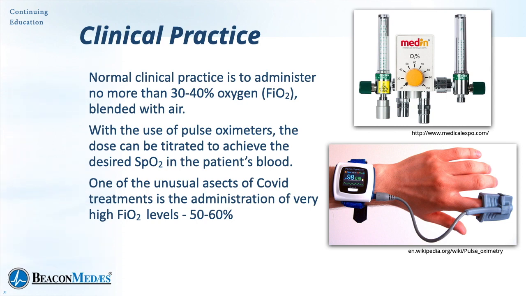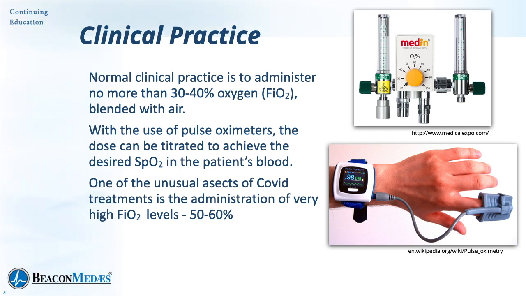Then we would use pulse oximetry to make sure that we were getting the right oxygen saturation in the patient's blood, and we would titrate the oxygen up or down depending on the reaction we got from the patient. So we want to really make sure the patient is getting good saturation. We really don't care so much about the FiO2. However, obviously the two are related.